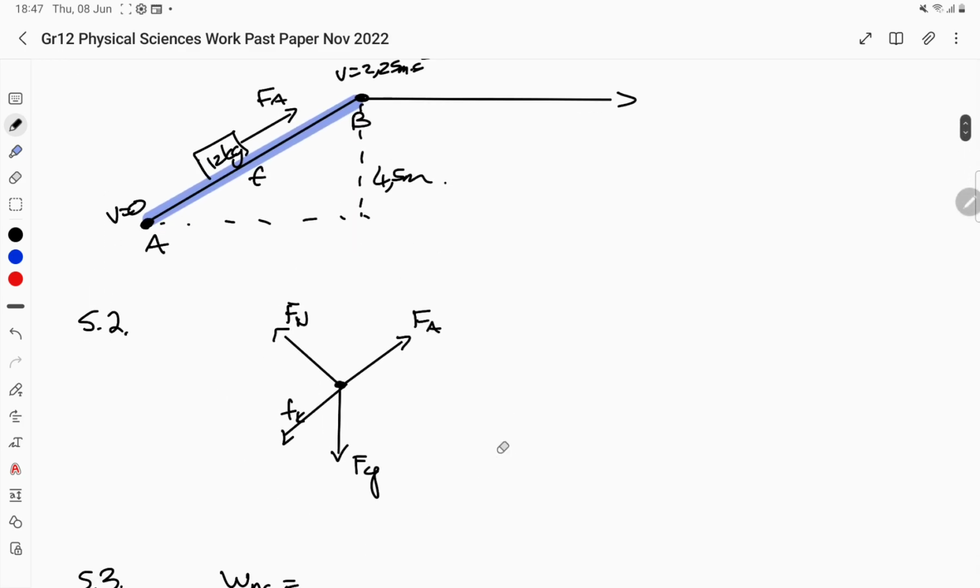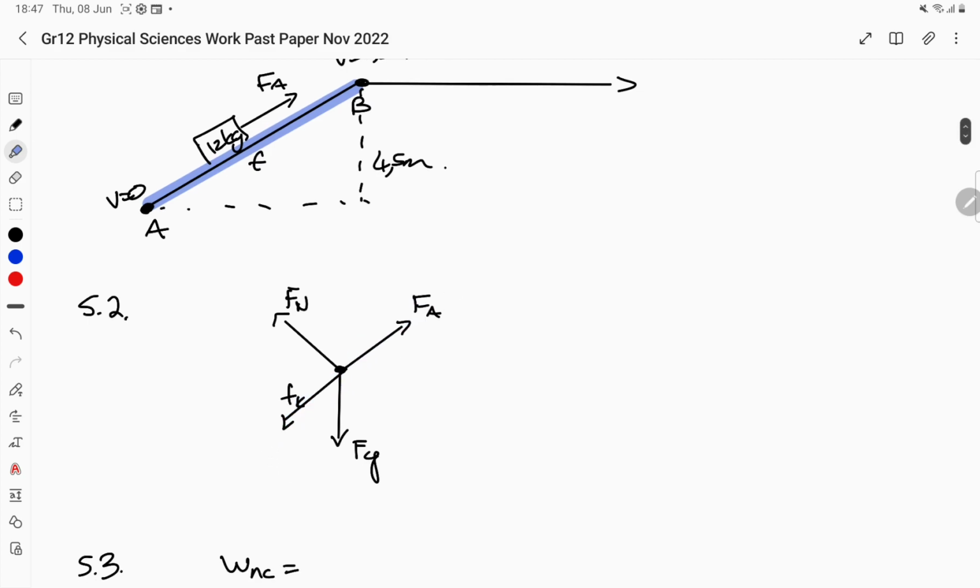Looking at our free body diagram, we have a weight, which we know is conservative. The normal is conservative, but the friction is non-conservative and the applied force is also non-conservative. So we have two non-conservative forces.